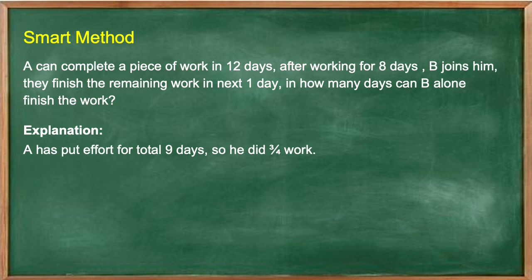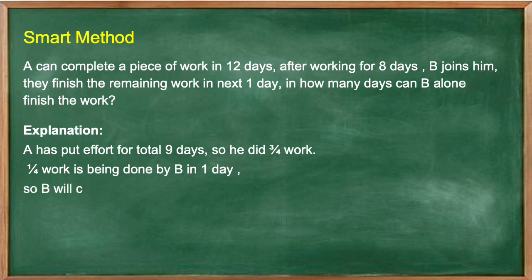So B can do 1/4 of the work in one day. So we can say that 1/4 of the work has been done by B in one day. Therefore, B will complete the work in 4 days. So our answer is 4 days.